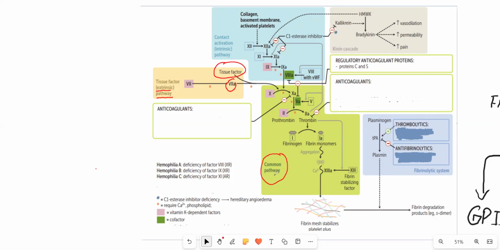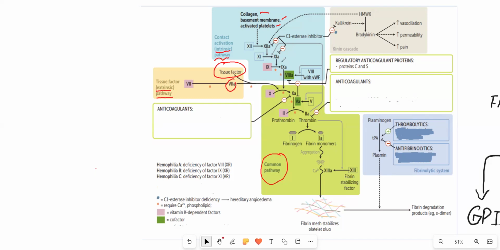Before discussing the common pathway, first we discuss the intrinsic pathway. What happens in the intrinsic pathway? All the factors that activate this pathway are present within the vessel, like collagen, basement membrane, and activated platelets. So negatively charged collagen comes in contact with factor 12 and it is converted into factor 12a, then factor 12a converts factor 11 into factor 11a.